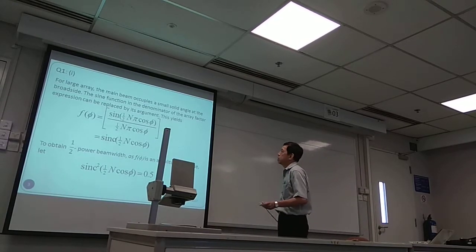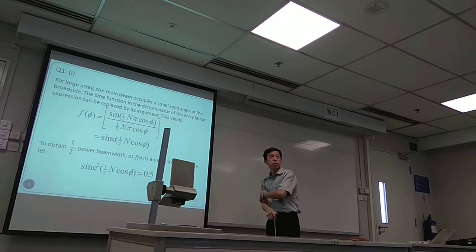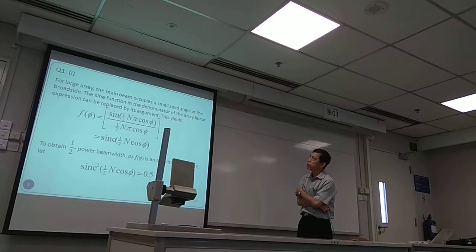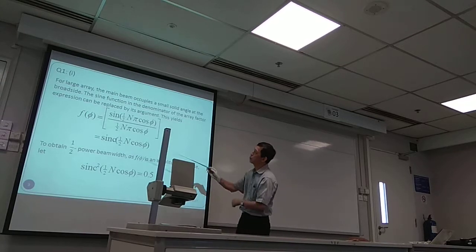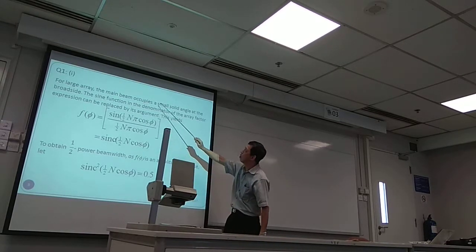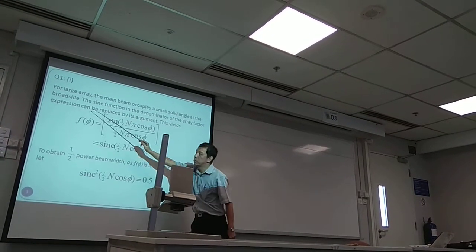Now, the very first statement here, in fact, we have already stated the assumption, alright? The derivation is meant for a large array. So a large array means what? The number of elements n would have to be relatively large. Only then you'll find that the beam will occupy a small solid angle at the broadside.